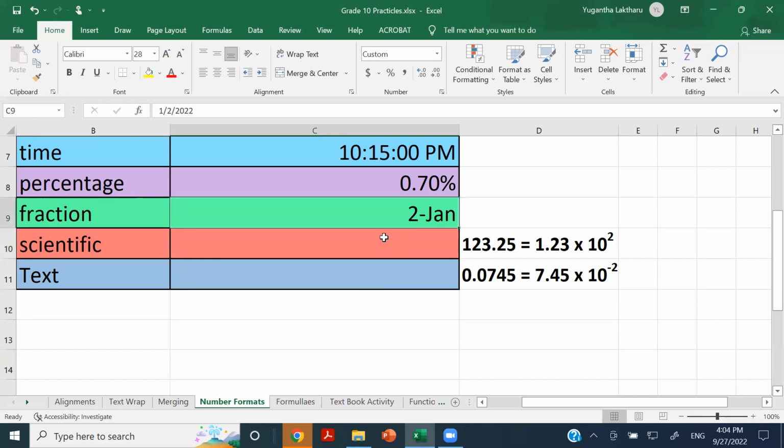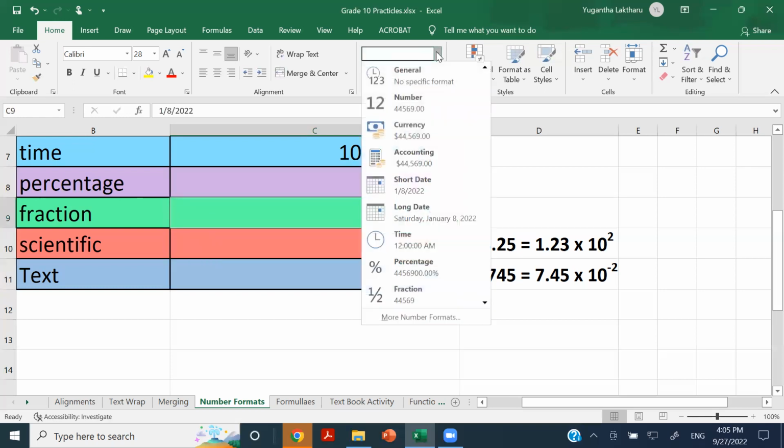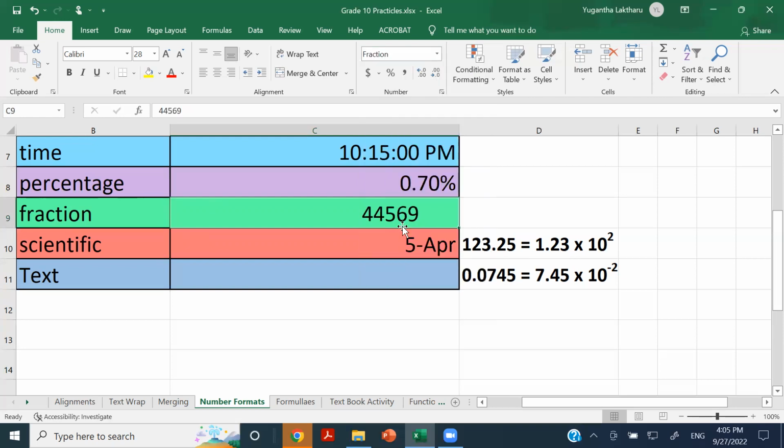So there are certain things like 1/8, 8th of January, like 4/5, 5th of April. So if we want to keep the fractions, we have to convert this into the fraction number format.